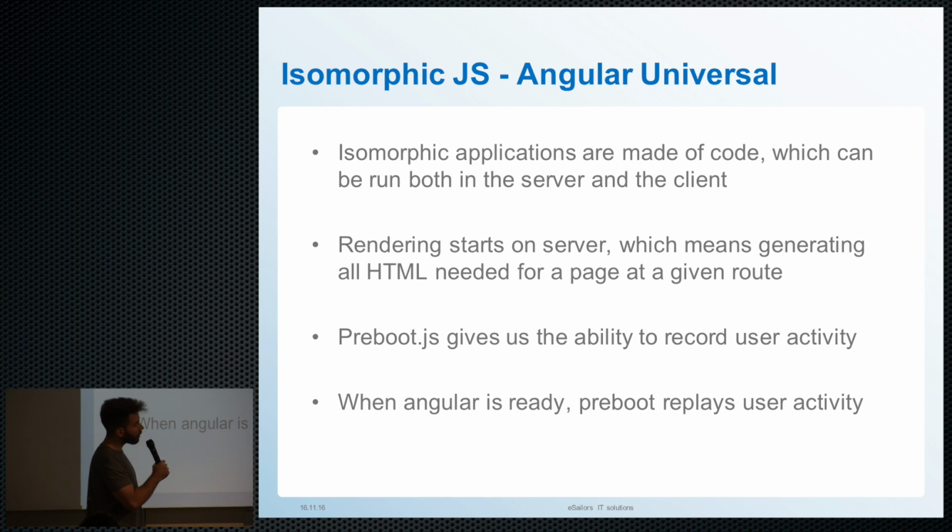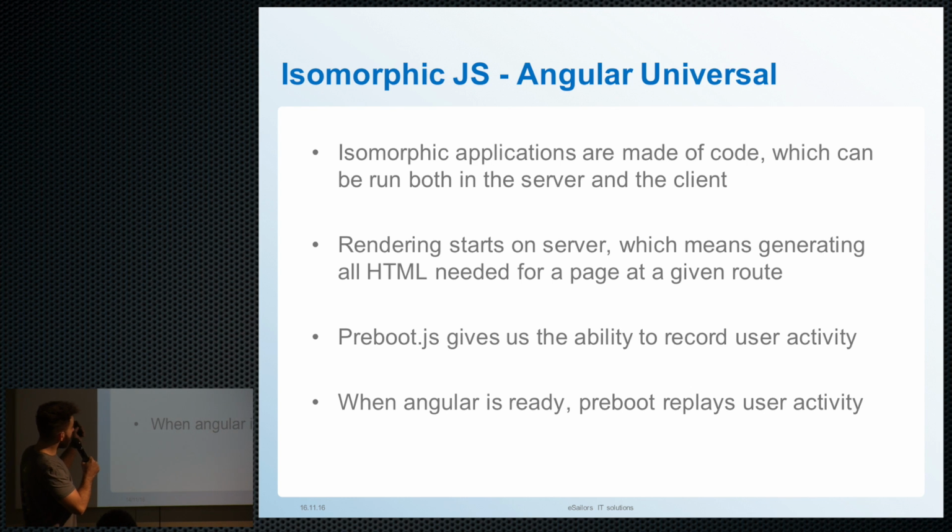In Angular 2, the isomorphic implementation is called Angular Universal. Basically, Node starts rendering HTML templates at specific given routes. When the pre-rendered template from the server is loaded in the browser, pre-boot facilitates the transition to the client view.